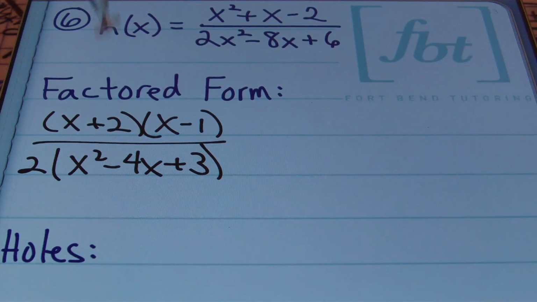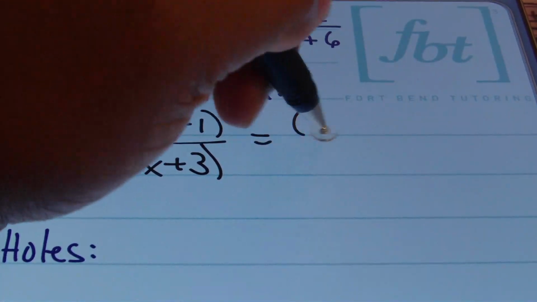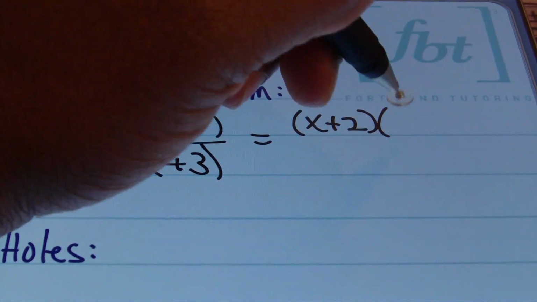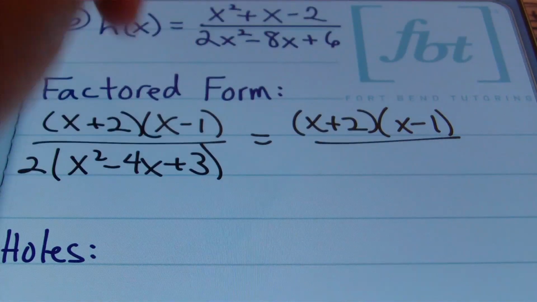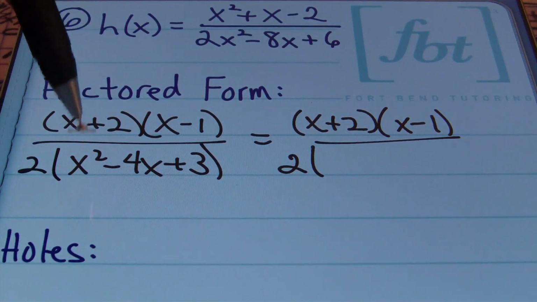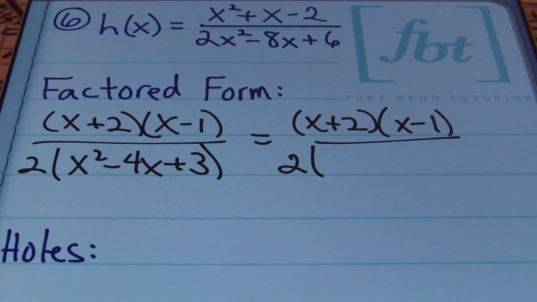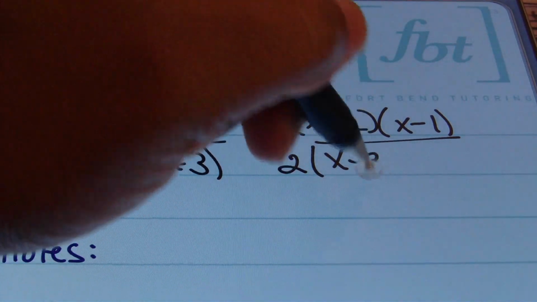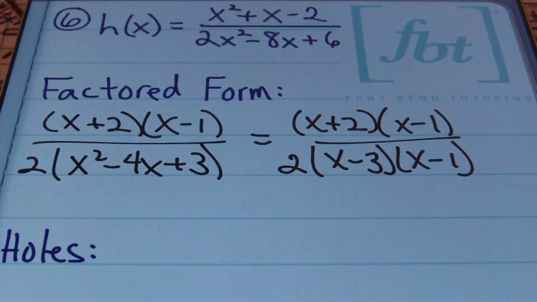That means even this trinomial in the denominator needs to be factored. So I'll bring over our numerator, which is (x plus 2) times (x minus 1), and in the denominator we already factored out that GCF of 2, but the factorization for our x squared minus 4x plus 3 is going to be (x minus 3) times (x minus 1), and done.